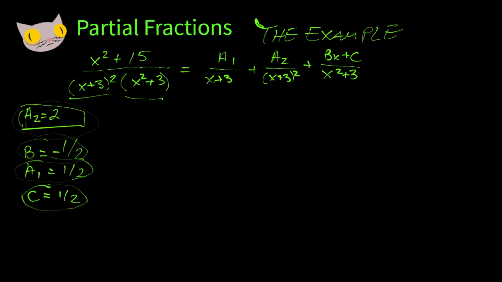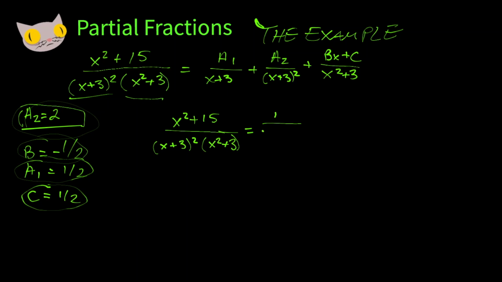Okay, now we can finally write out our partial fraction. So we have (x squared plus 15) over (x plus 3) squared times (x squared plus 3) is equal to a1, which is 1/2.